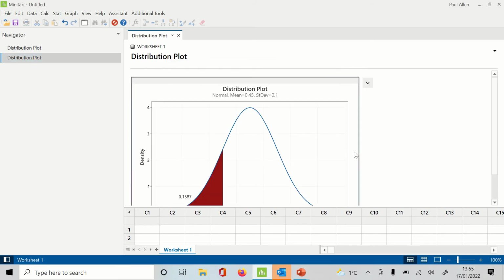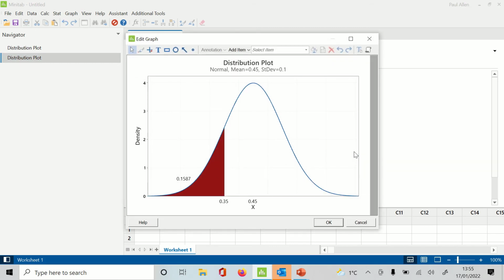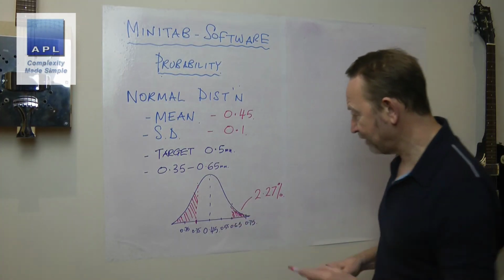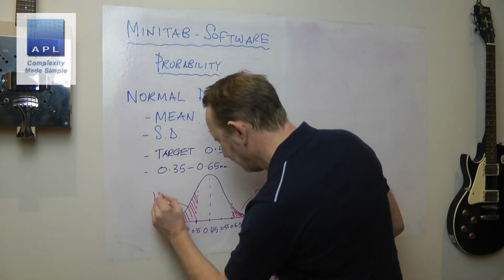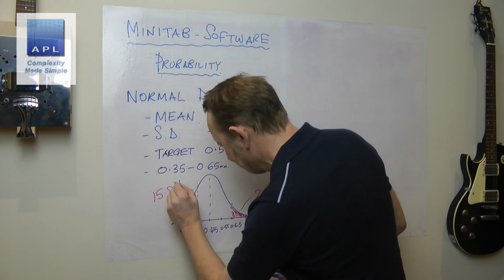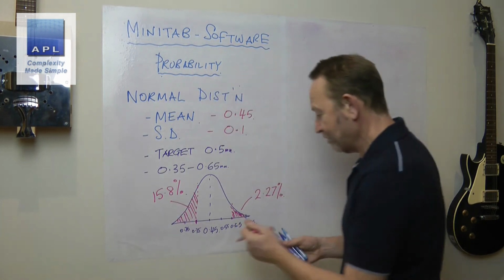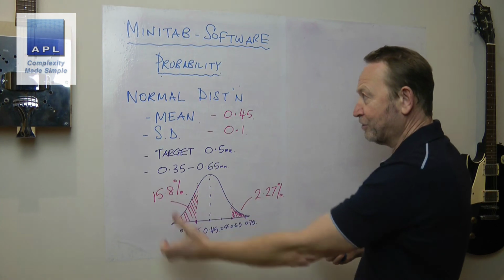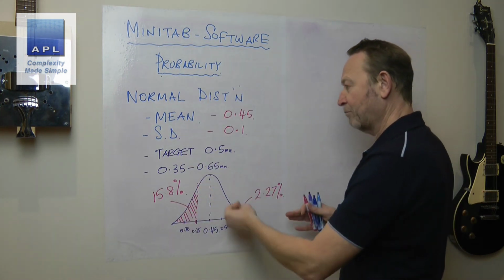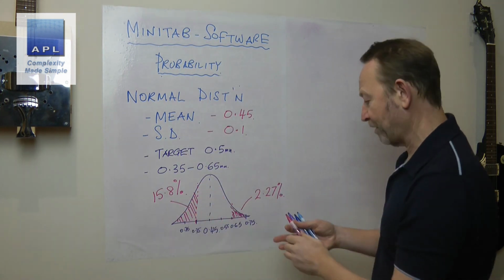And now look, pop that out. We get the left hand tail, and now we've got 15.8 in the left hand tail. Let's just pop that on the board. Okay, so 15.8% goes in this tail here. So now this is the normal distribution predicting what the defect rate is.